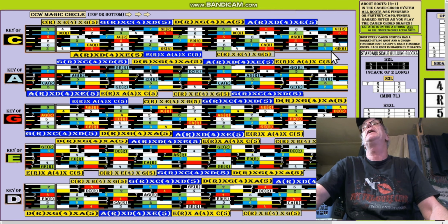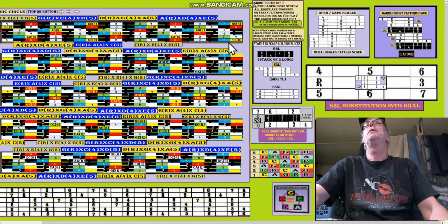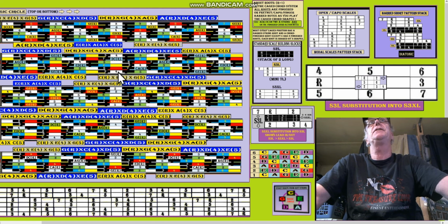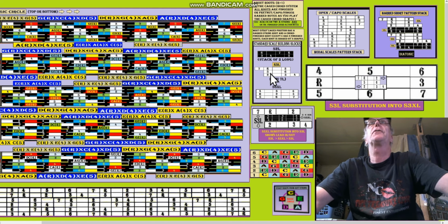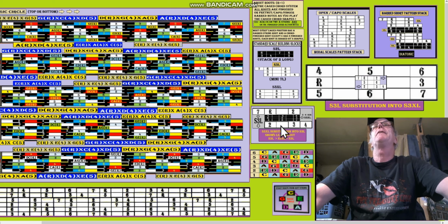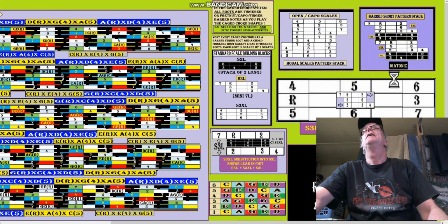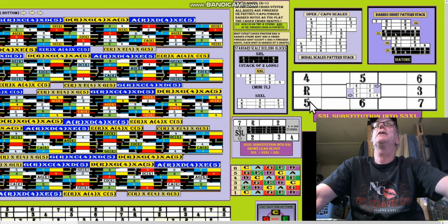Now, there are other good things on the chart before we do that. I have some patterns here, and the patterns have to do with how to play these, but we're not going to be relying on them yet. They just need to be there, because if they're not there, I'll start talking about them. We have substitutions, and I just want to draw your attention to this particular substitution here, 5, 6, 7, root, 2, 3.